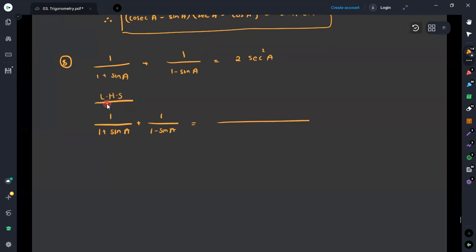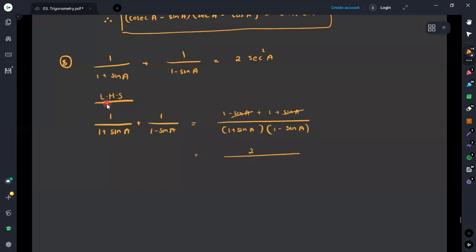Then I will get this as 1 plus sine A and added with 1 minus sine A. If you do this addition taking the common denominator, here we will get this as 1 minus sine A, and here we will get this as 1 plus sine A. Minus sine A with plus sine A cancel out. Then we can see that 1 plus 1 is 2 in the numerator.